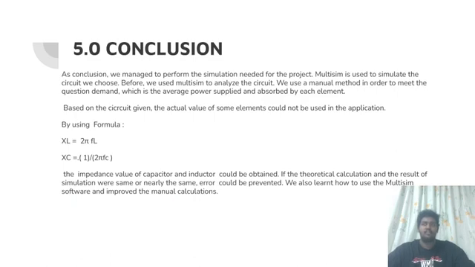Using these formulas, XL equals 2 pi FL to find the impedance of the inductor, and for the impedance of the capacitor we used 1 over 2 pi FC. The impedance values of the capacitor and inductor could be obtained.